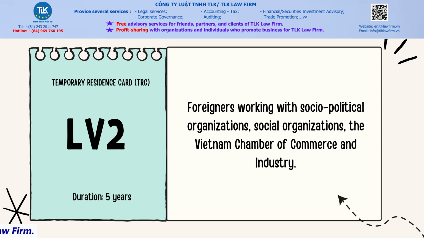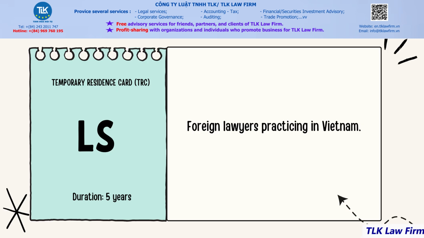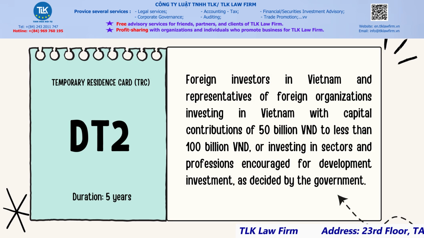3. LV2 is for foreigners working with social-political organizations, the Vietnam Chamber of Commerce and Industry. 4. LS is for foreign lawyers practicing in Vietnam. 5.